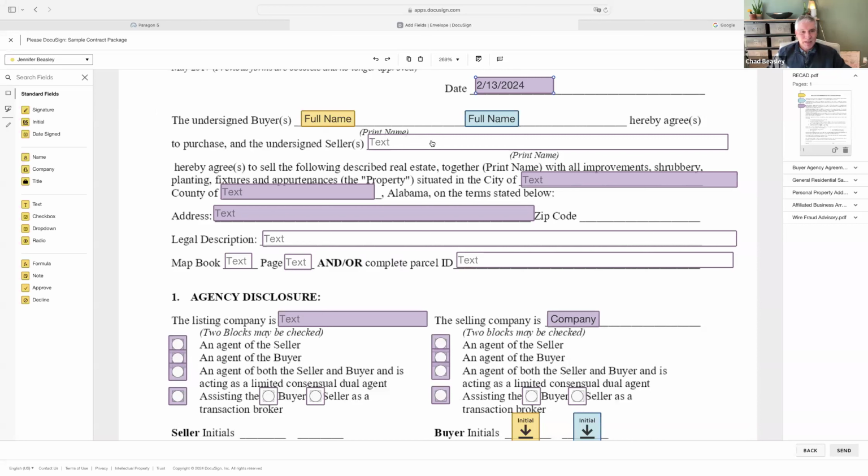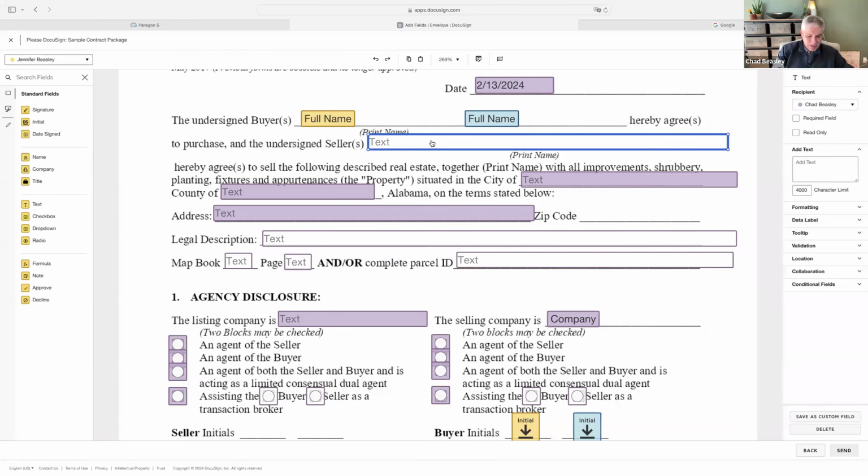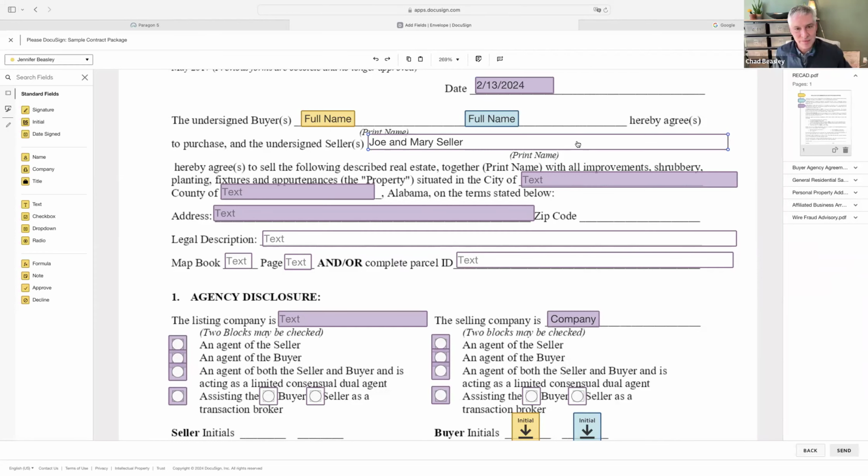And then you put the seller, Joe and Mary Seller. Whoops, I can't type today either. All right, so we're putting the seller's names in there. A lot of times you look at the tax record and you can find the seller's names, or sometimes what's in the tax record may not be accurate.